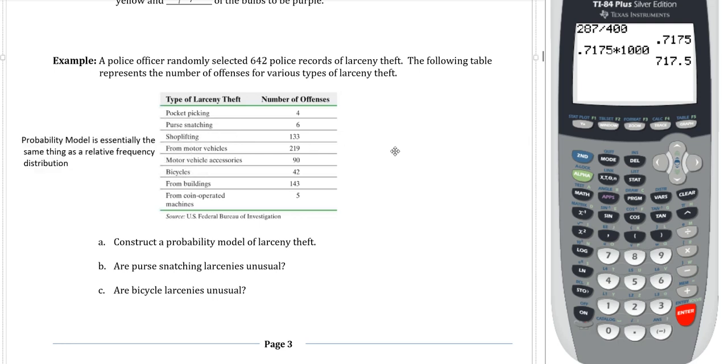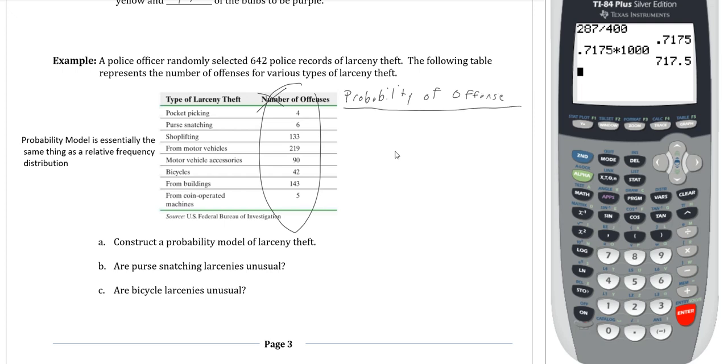What that means, if you remember relative frequency, that's just how many out of the total, and we make that into a fraction or a decimal. Likewise, we're going to take all these values and make them into probabilities instead. So instead of having number of offenses, what we're going to have is the probability of the theft, of different types of theft.